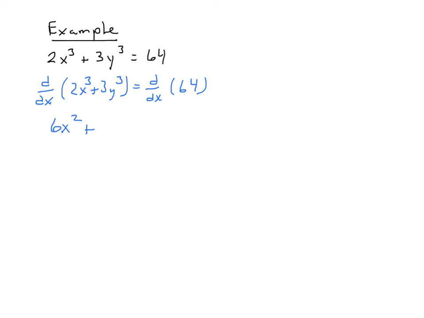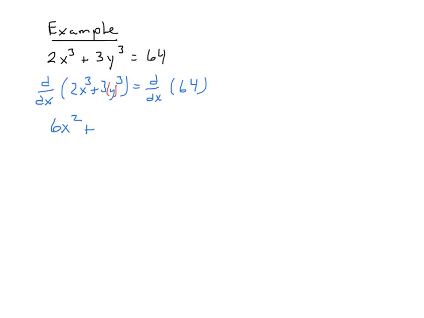But again, now we're taking this with respect to x. Because the variables don't match, I now have to use the chain rule. So again, I'm going to start out by thinking of this as being in parentheses, where y is my inside function and the cube is the outside.